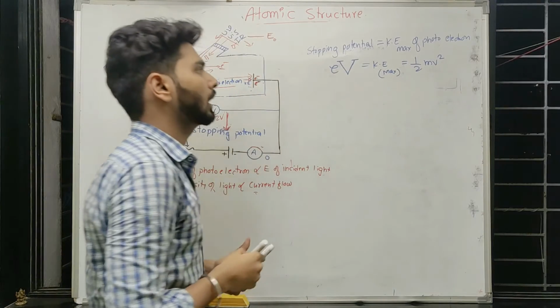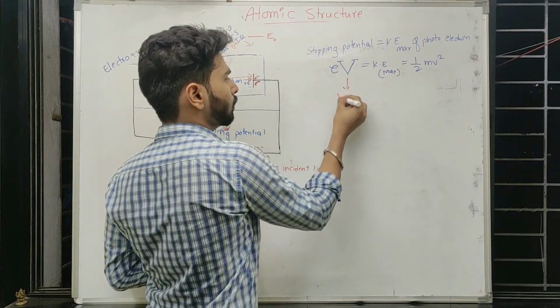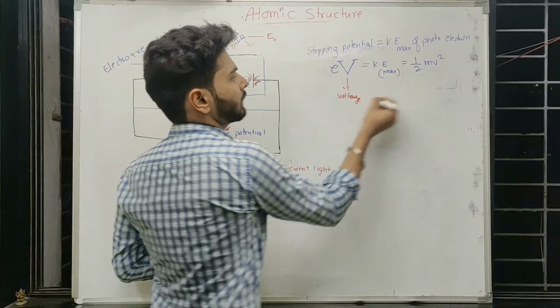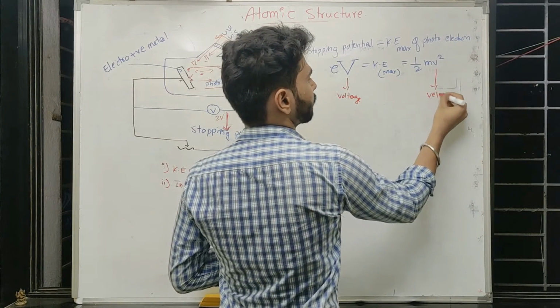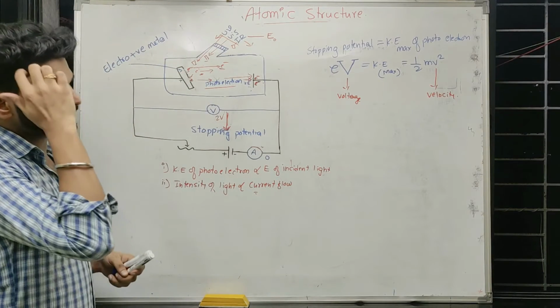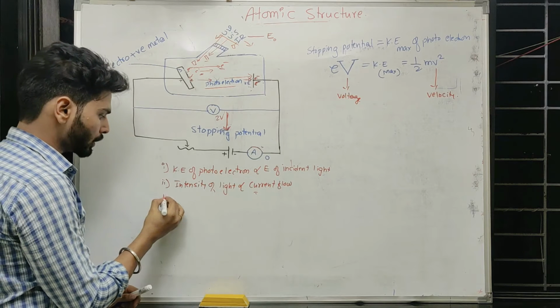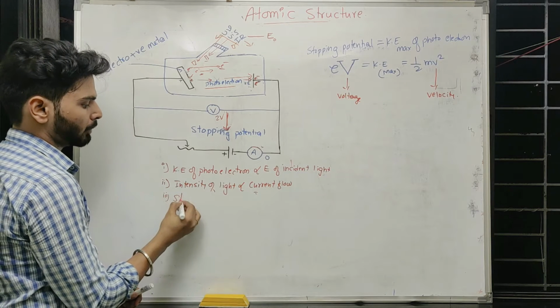So here remember, this V stands for voltage, and this v is the velocity of the photoelectron. So for the third conclusion, you have to remember stopping potential.